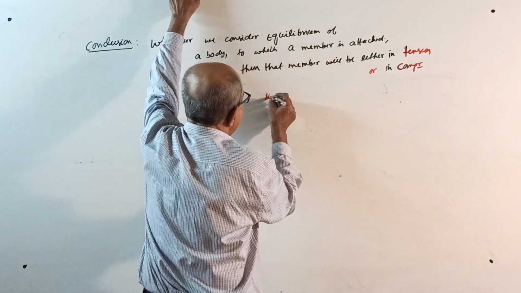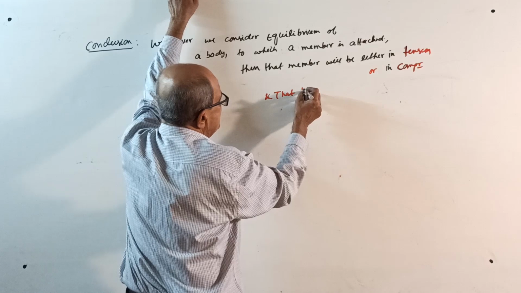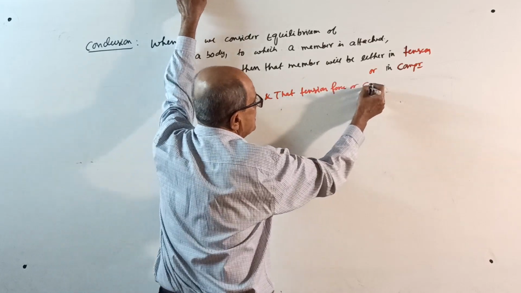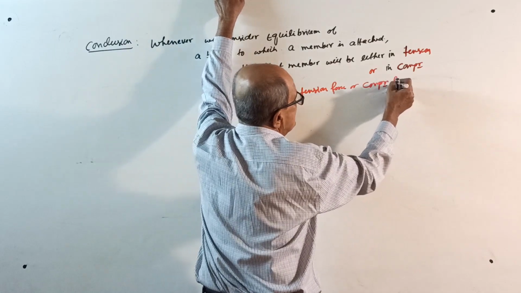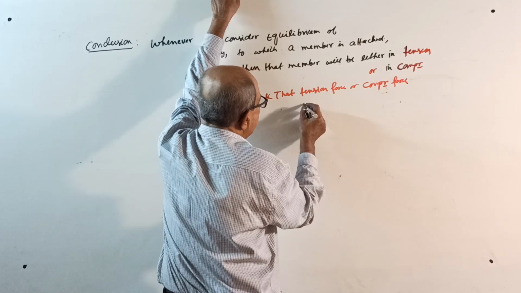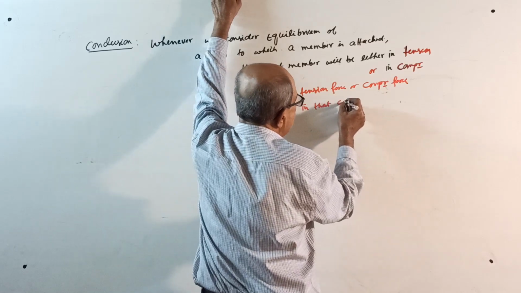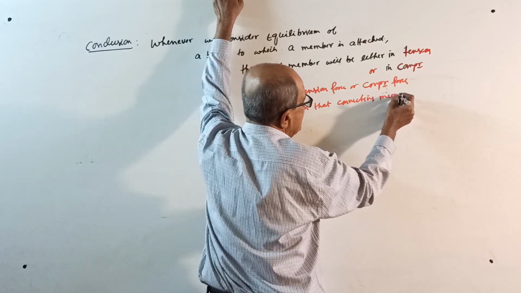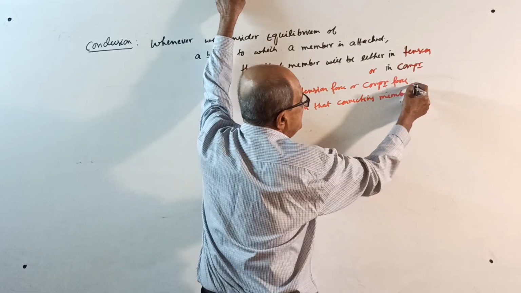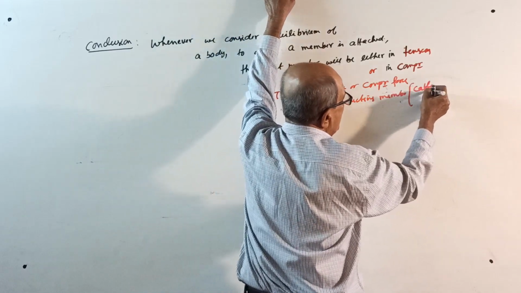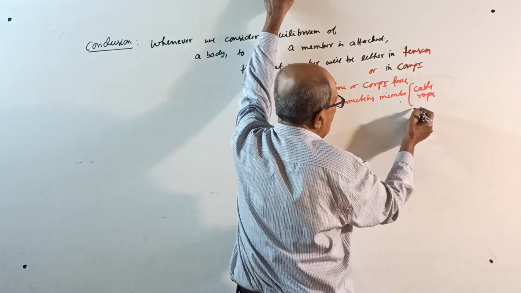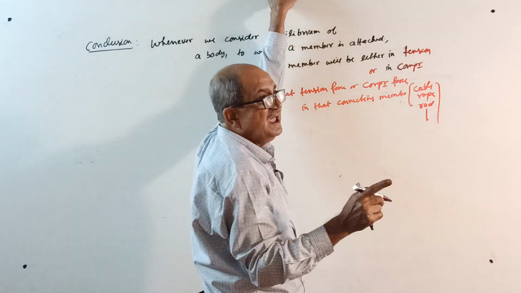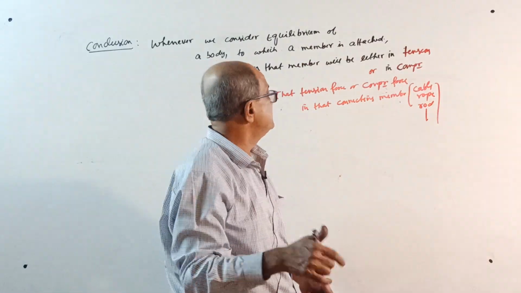And that tension force or compression force in that connecting member, which can be a cable or a rope or some rod, anything. But if it is a cable or rope, it should be in tension.